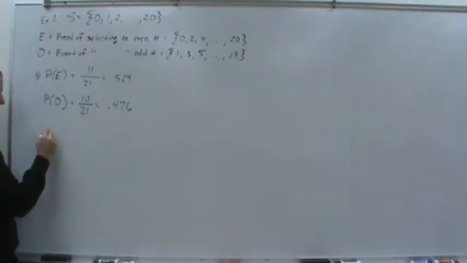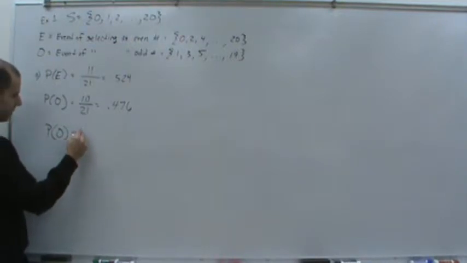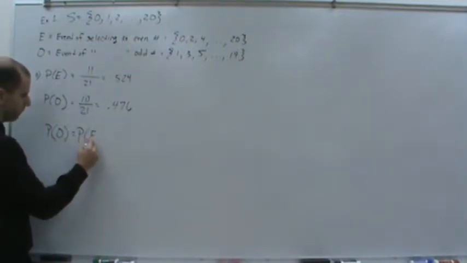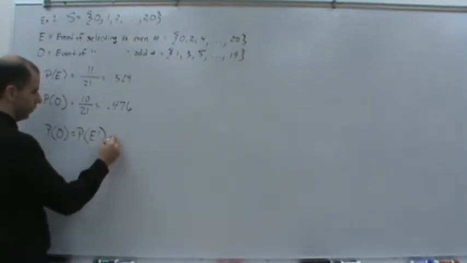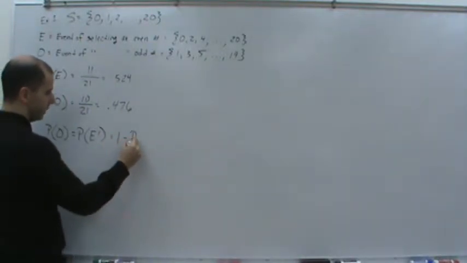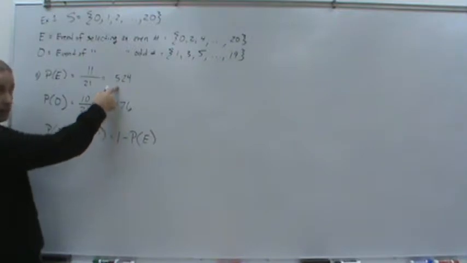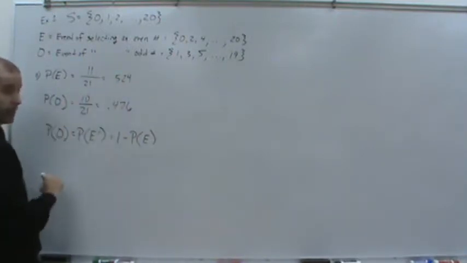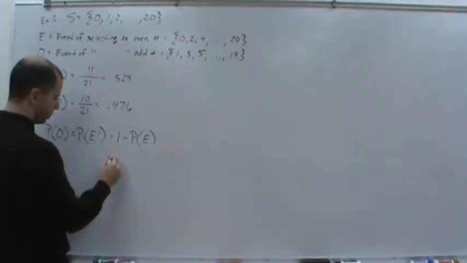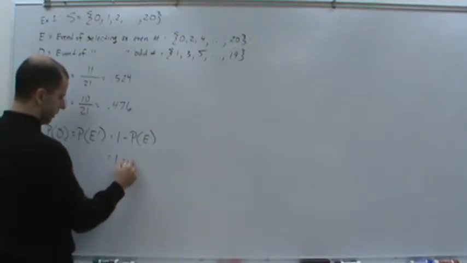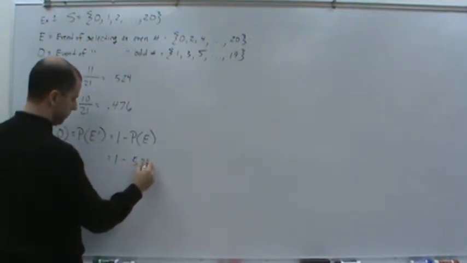So the probability of getting O is the same as the probability of the complement of E, which is just 1 minus the probability of E. Well, we know what the probability of E is. We just calculate it, 0.524. Well, what's 1 minus 0.524?